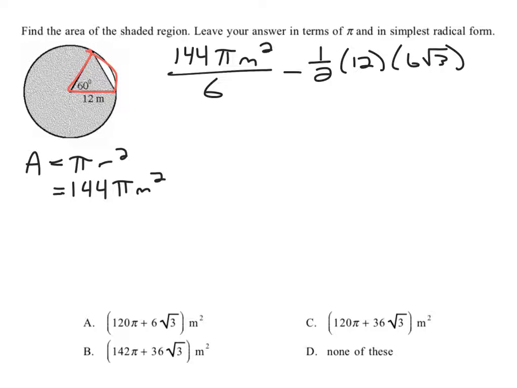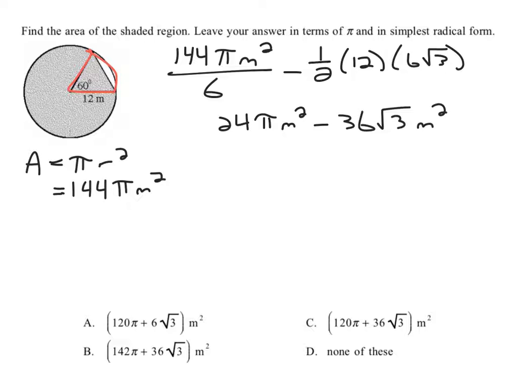When we calculate this out, 144 divided by 6, let's see, 24 pi meters squared is what this simplifies to, minus half of 12 is 6, and 6 times 6 root 3 is 36 root 3 meters squared. That's what it is.